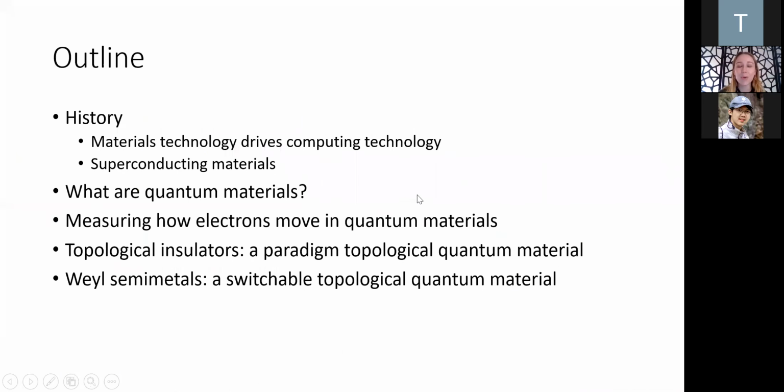Alrighty. So the talk will proceed as follows. I'll give a little bit of history, both a general discussion about how materials drive technology, and then discuss in a little more detail superconducting materials, which are the basis of many existing qubits.